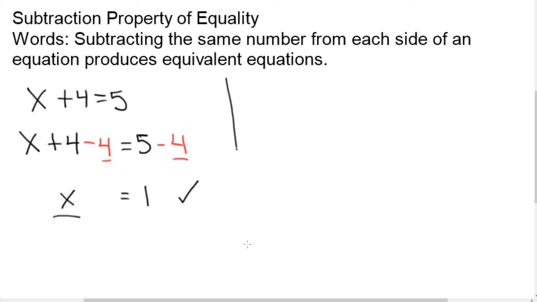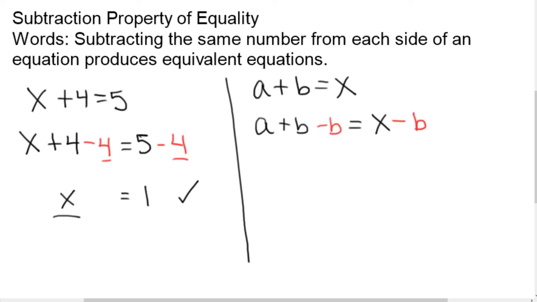It works for variables as well. If I had a plus b equals x. So if I wanted to solve this for a, I would subtract b from both sides, and that doesn't change the equation. It produces equivalent equations.